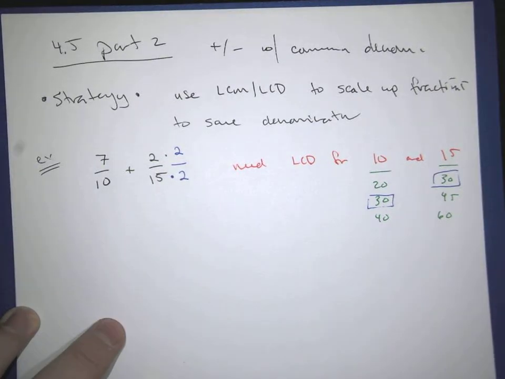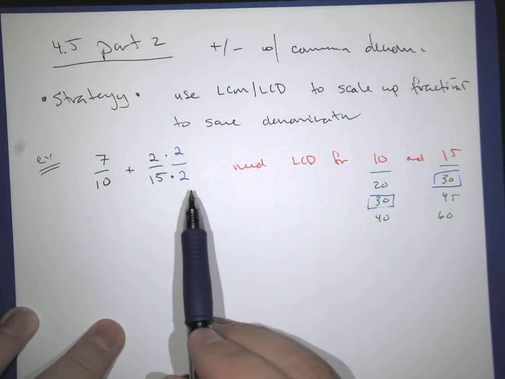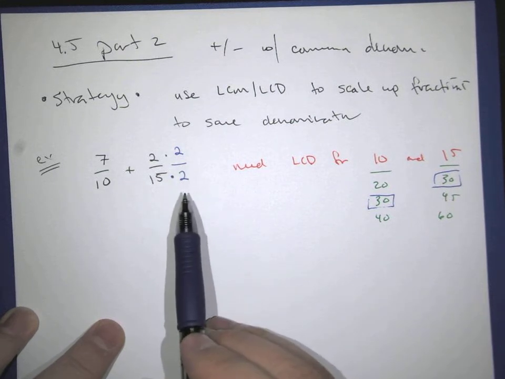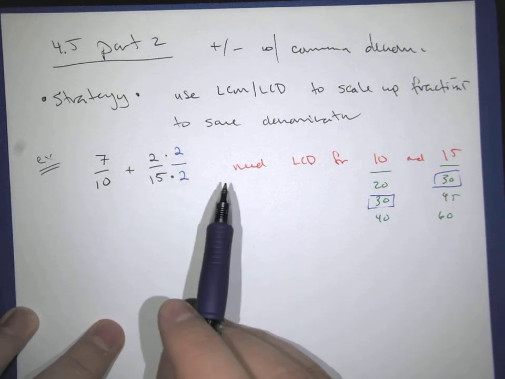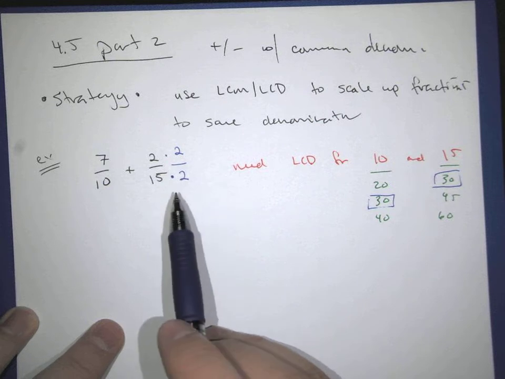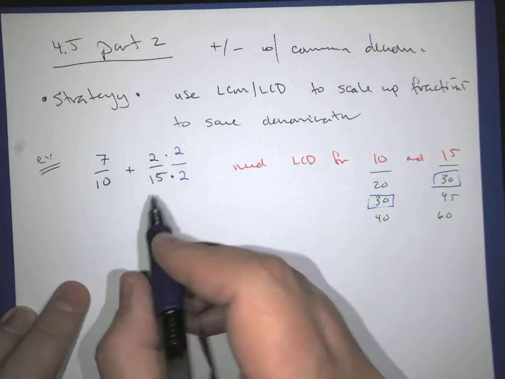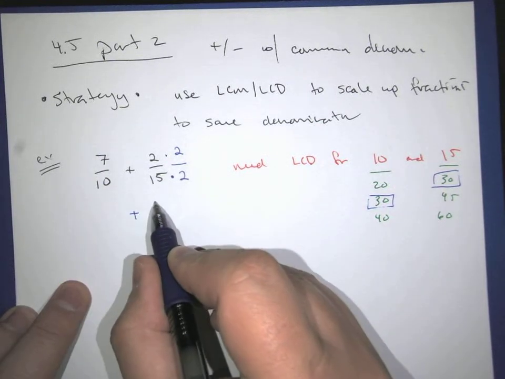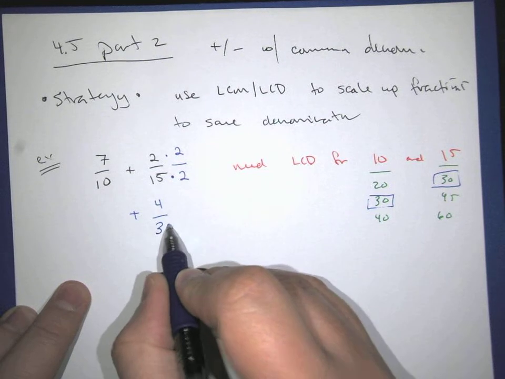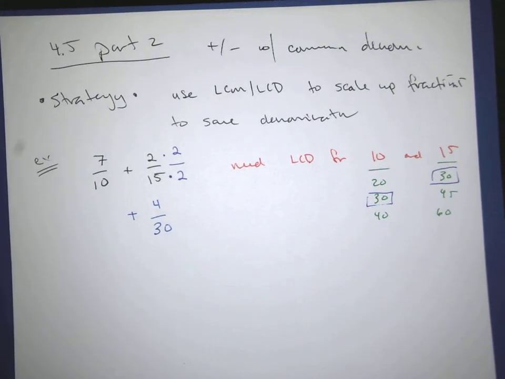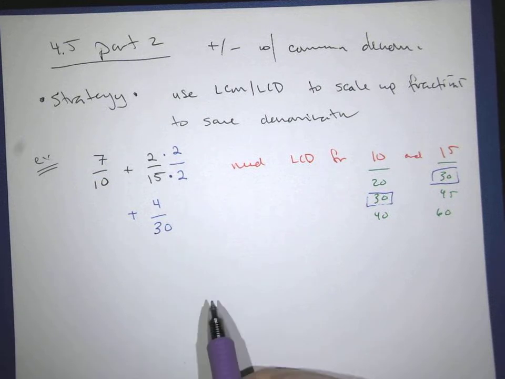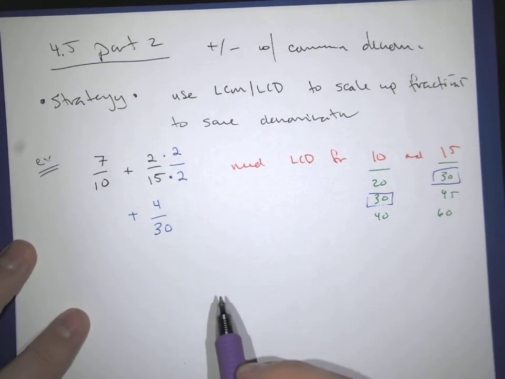Really what I'm doing is multiplying by 2/2, and any fraction with matching numerator and denominator is just 1. 2/2 is 1, right? So this becomes a new looking fraction, 4/30. But it's really the same value, because we're just doing 2/15 times something equivalent to 1.